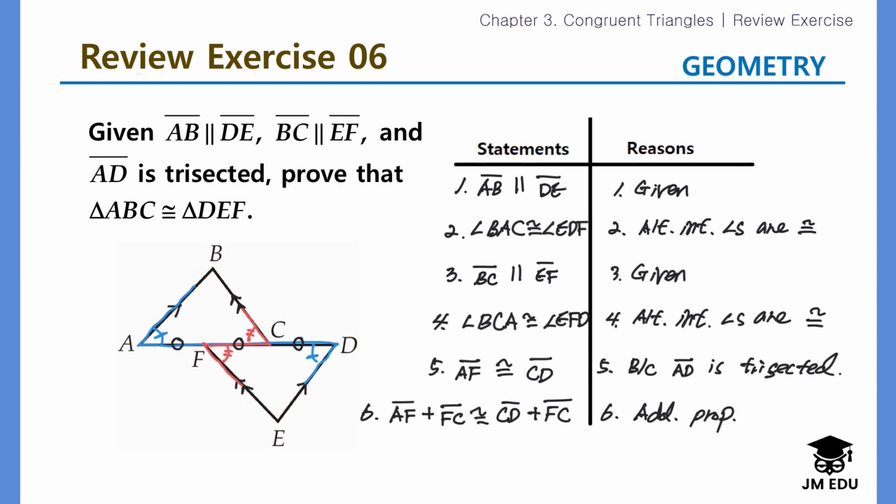Okay, so look at this. AF plus FC, that is equal to AC, right? CD or DC plus FC, that's equal to DF, or FD, right? This side plus this side is equal to this, this side plus this side is equal to this, right?